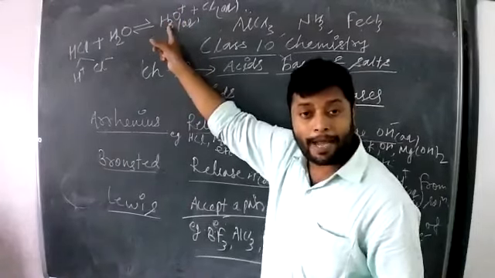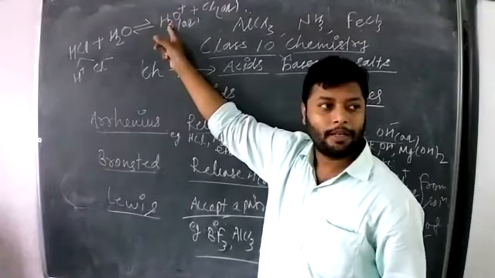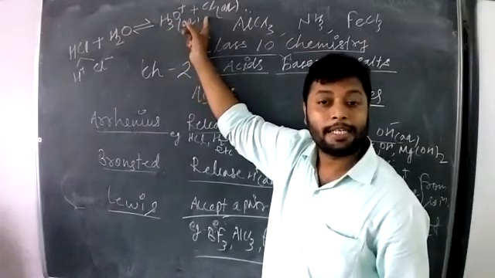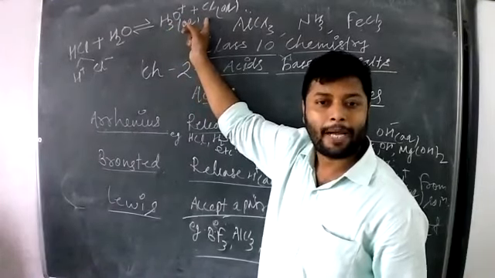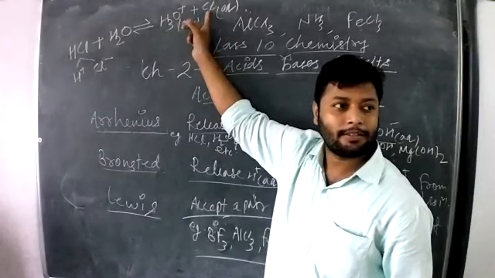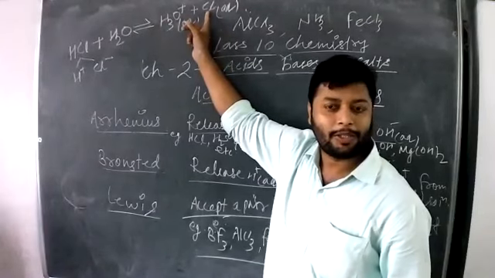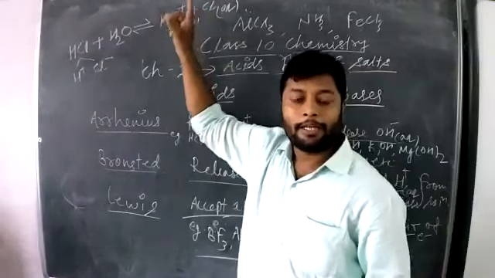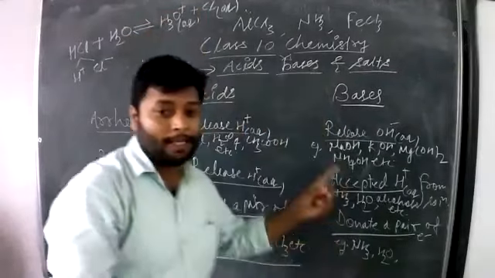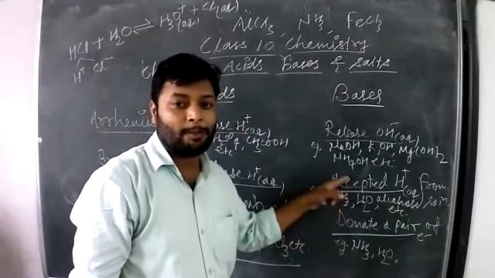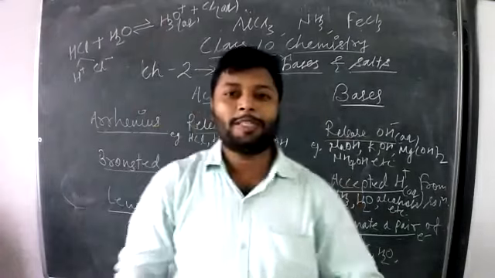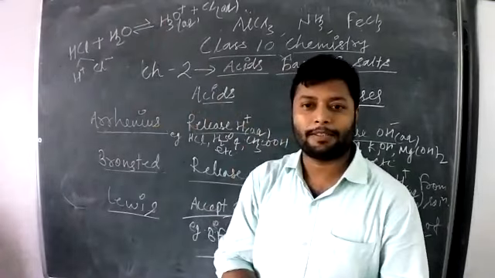Now hydronium ion releases H plus and Cl minus. Cl minus accepts H plus. What can you see? Cl minus accepts H plus. So it means it is the Bronsted base.